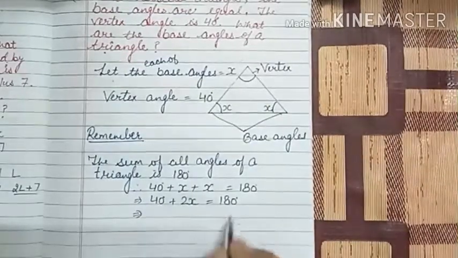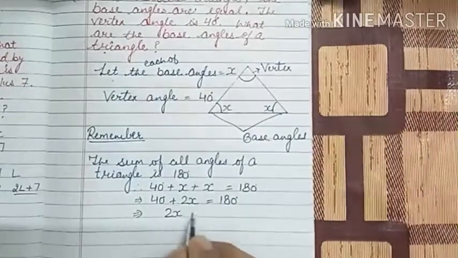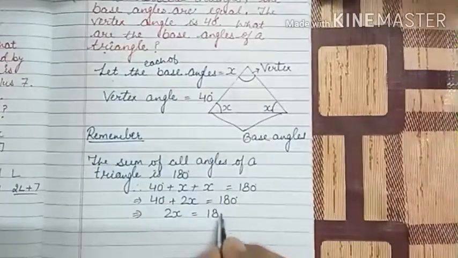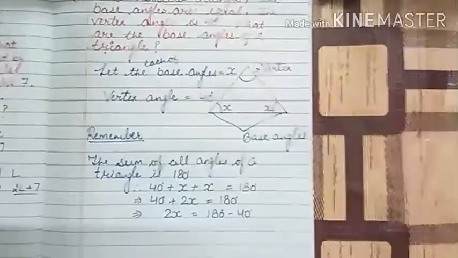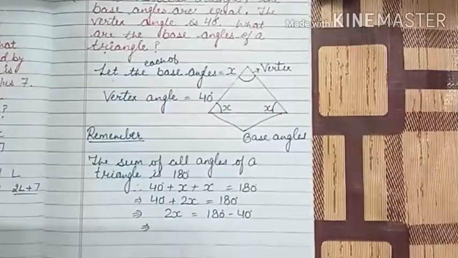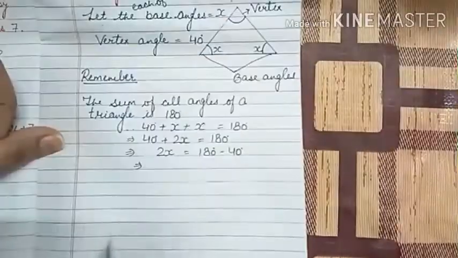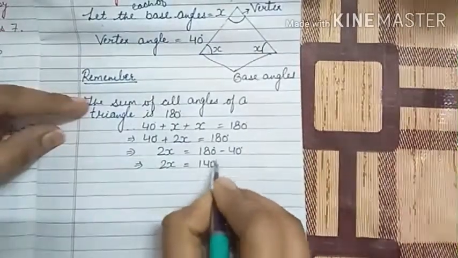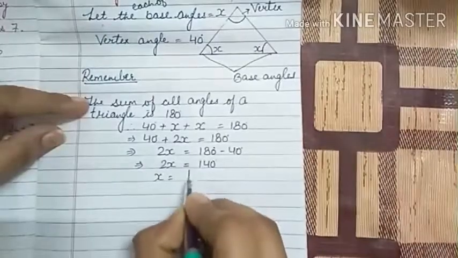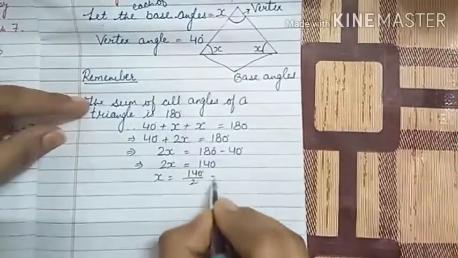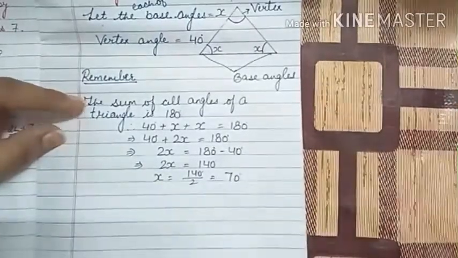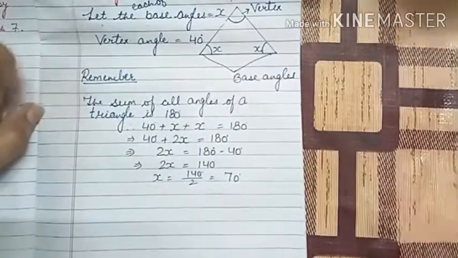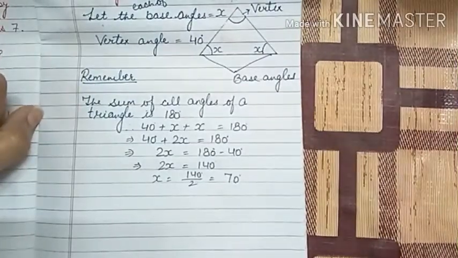For that, 2x will be left on the left hand side, and transpose 40 degrees. So it will come 2x equal to 140 degrees. Then x will be equal to 140 upon 2, equal to 70 degrees. So here x equal to 70 degrees.